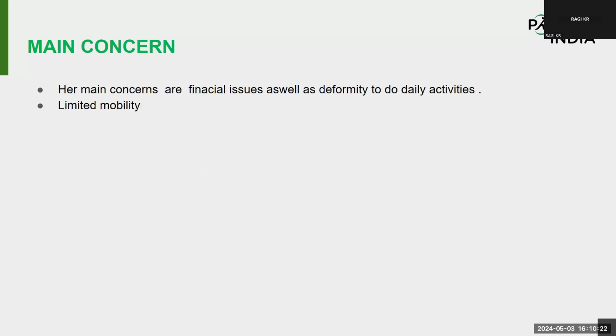Now she has main complaints of some financial issues as well as the deformity to do the daily activities, and we discussed that she can't continue her work due to the limited mobility.